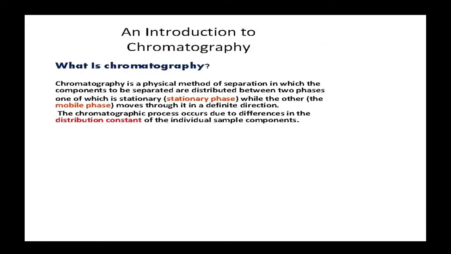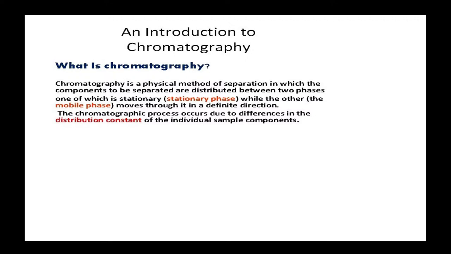Among the biochemical methods is chromatography. Chromatography is a physical method of separation in which the components to be separated are distributed between two phases, one of which is the stationary phase, while the other, the mobile phase, moves through it in a definite direction.